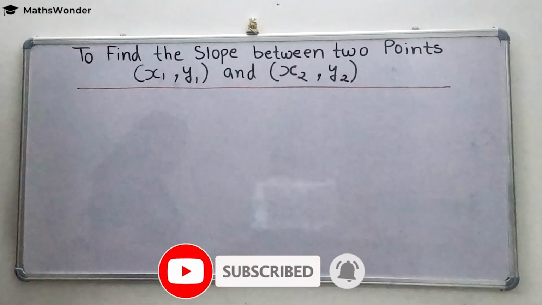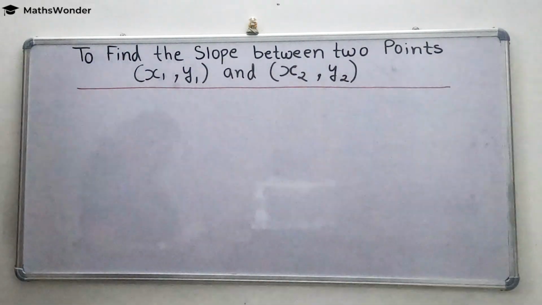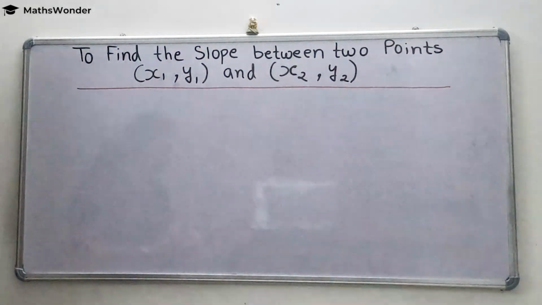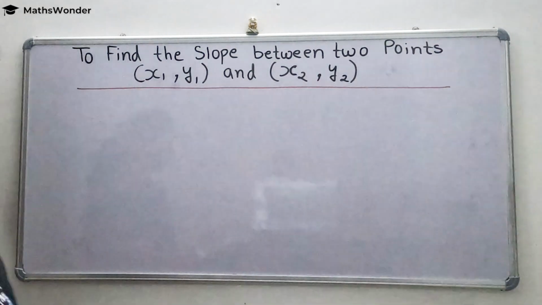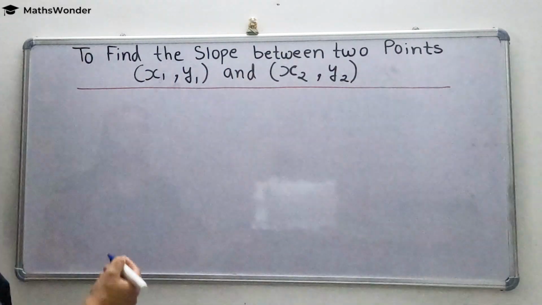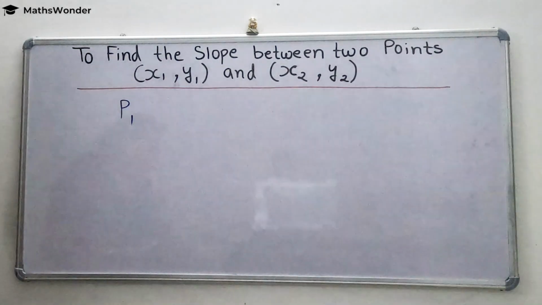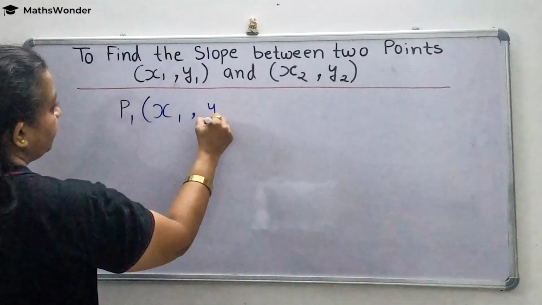Okay, first of all, to find the slope of any other line, how will you find it? Always remember, choose any two points, right? Suppose you have been given two points. Suppose P1 is one point, we consider x1 and y1.